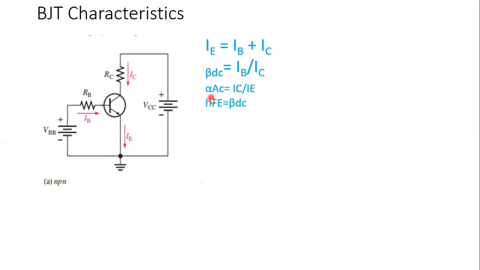Alpha is the AC current gain, which is defined as the ratio of AC collector current to AC emitter current. And hFE is the DC current gain once again.